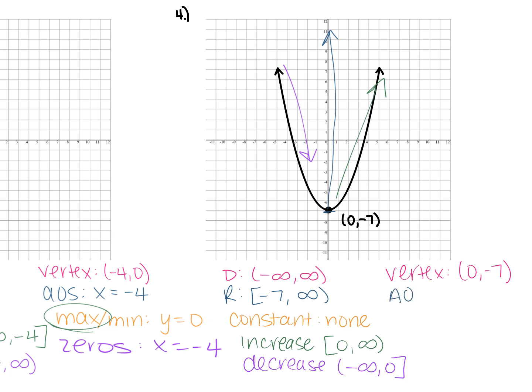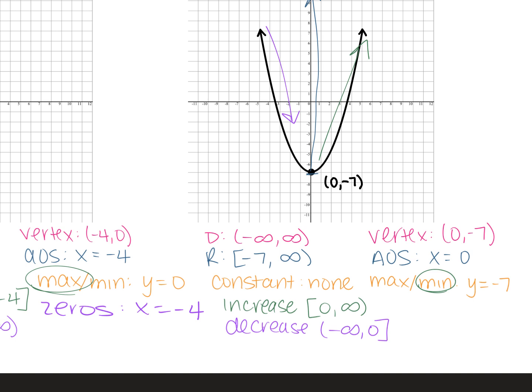Your axis of symmetry is the x value from your vertex, so x is equal to 0. Your maximum or your minimum comes from your y value from your vertex, and that's negative 7. So y is equal to negative 7 is your maximum or your minimum. Your parabola opens up, so you have a minimum value, so circle that minimum.